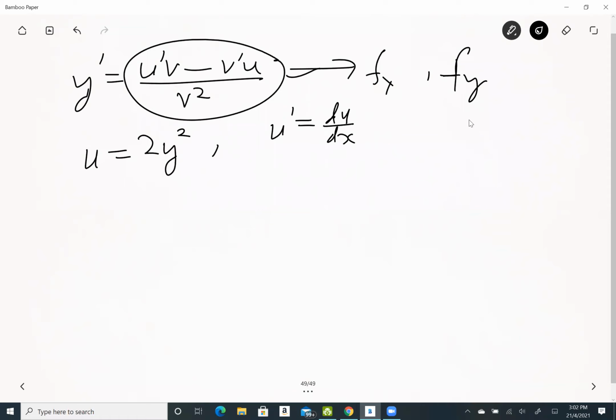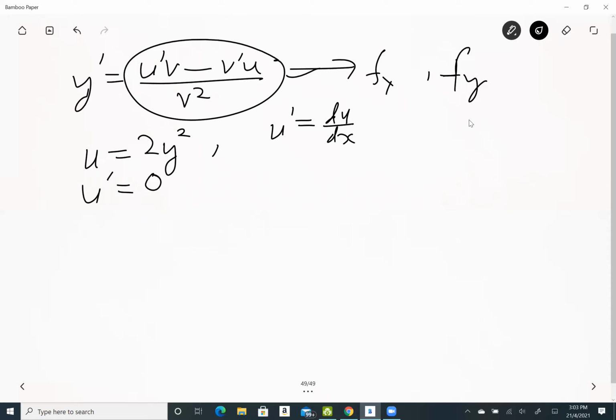So what is u prime here? What is the derivative of 2y squared? 0, because y is a constant.